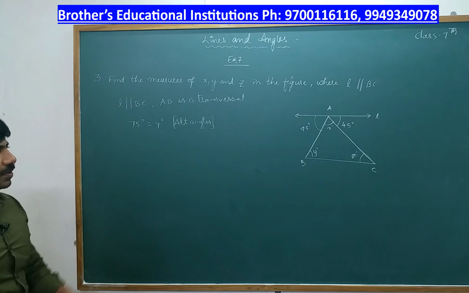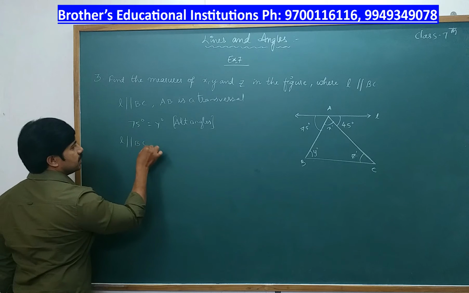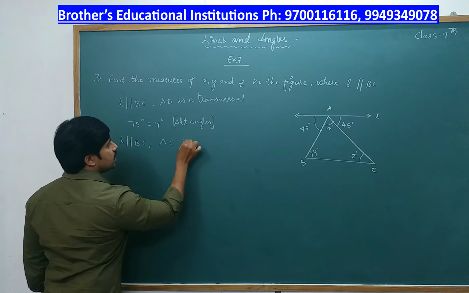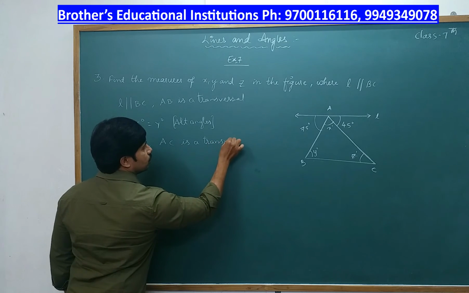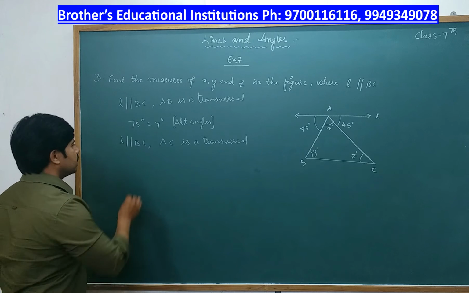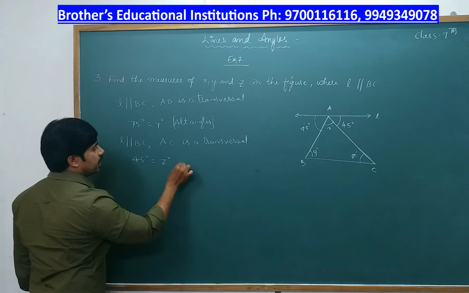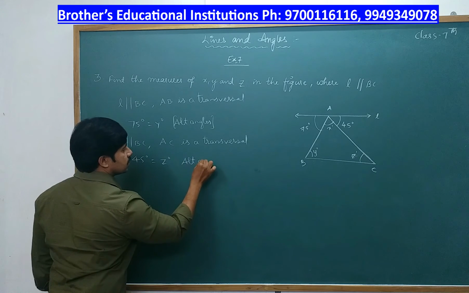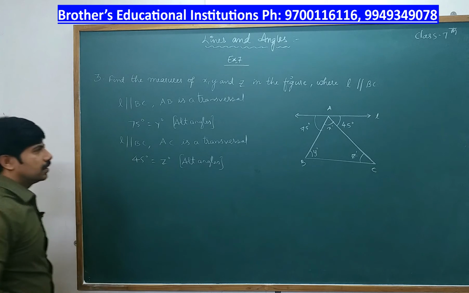Right? Now next, again I write L is parallel to BC, AC is a transversal. So we can say 45 degrees is equal to z degrees, and these are alternate angles, right? We got this.